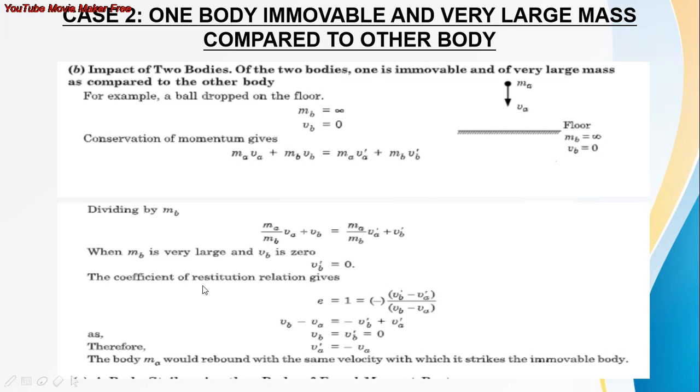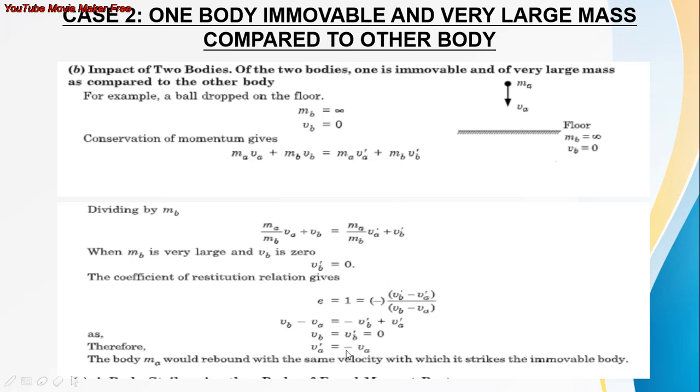Another formula we can use, since this is an elastic collision, is e equal to 1 equal to minus VB dash minus VA dash upon VB minus VA. We get VB minus VA equal to minus VB dash plus VA dash. Now we already know that VB equal to 0, and we have calculated VB dash equal to 0. So we get VA dash equal to minus VA.